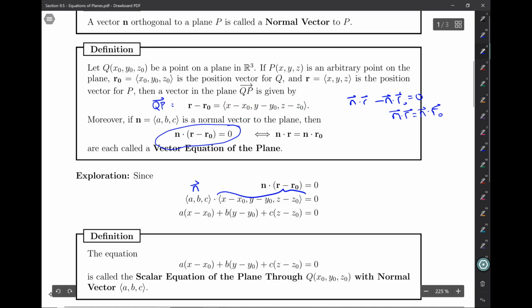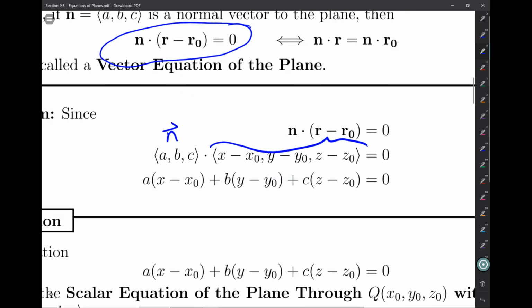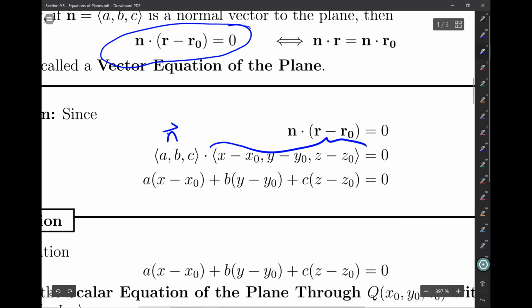And now we know something about dot products. If we dot a, b, c with x minus x naught, y minus y naught, z minus z naught, then we get a multiplied by x minus x naught, b multiplied by y minus y naught, c multiplied by z minus z naught. Add those all together, we get 0. So there's nothing new that we're introducing here. We're just expanding this vector equation.